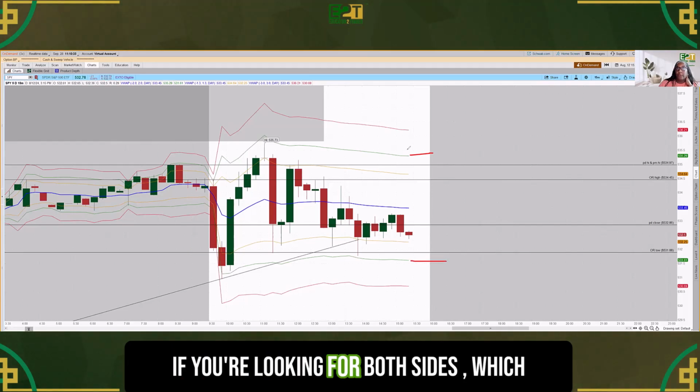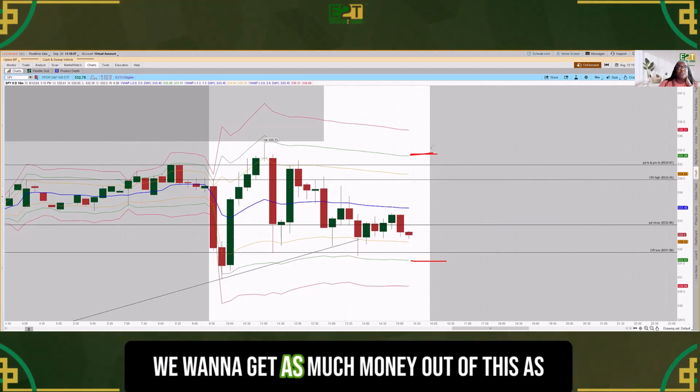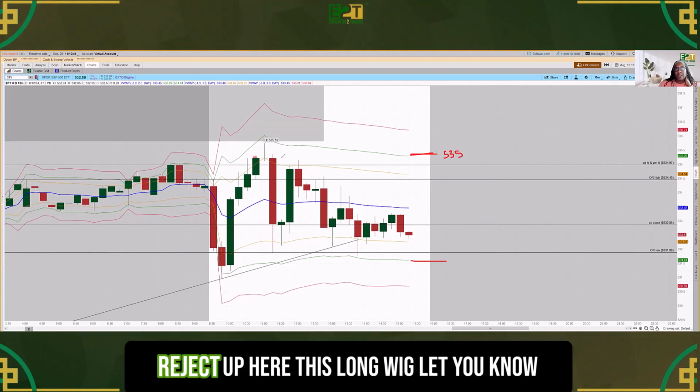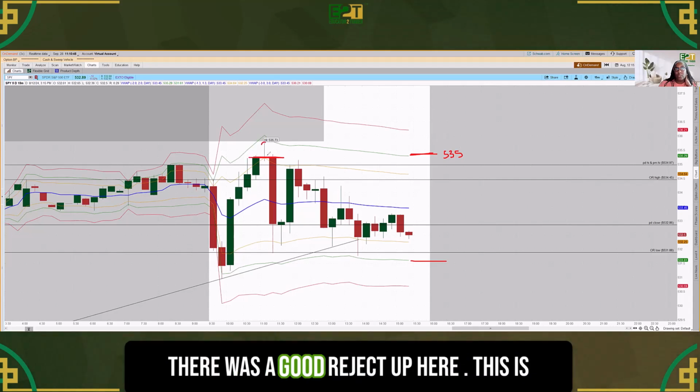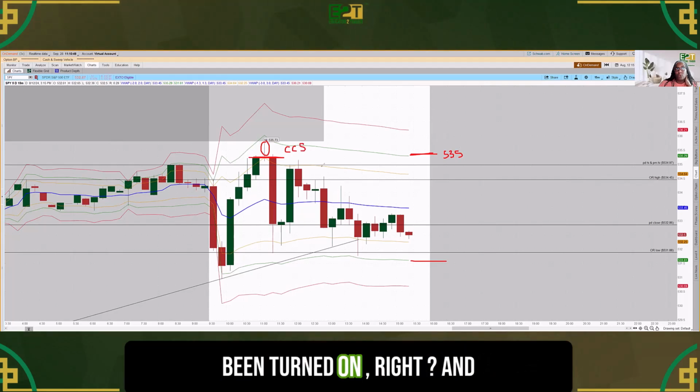If you're looking for both sides, which generally we should be, we want to get as much money out of this as we can. After we saw this good reject up here, this long wick let you know there was a good reject. This is where that call credit spread could have been turned on, right?